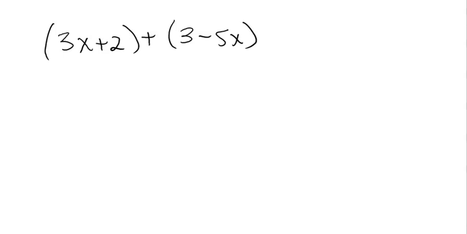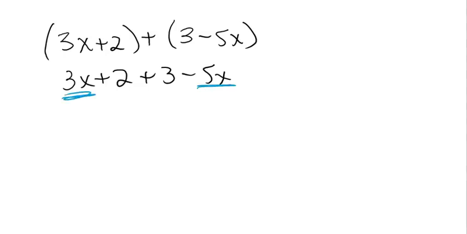Now, since there's nothing to distribute into the parentheses, we can go ahead and drop those parentheses and then combine our like terms. We know we can only add like things, so I can only add x's to x's and constant terms to constant terms. So 3x minus 5x would be negative 2x, and 2 plus 3 is 5.